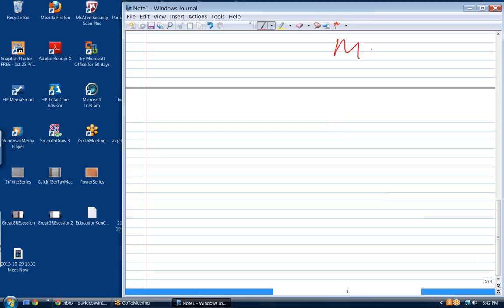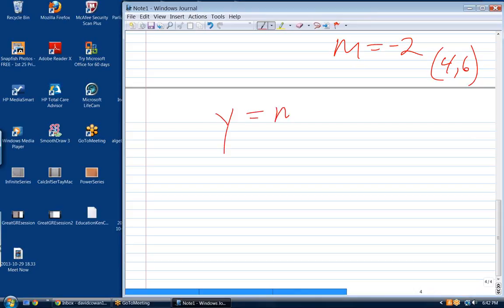So if I say slope is -2, and 1 point on the line is 4 comma 6, give me the equation of that line. So here's the general equation. And I know slope is -2, so I can put that in there. Now solve for b.